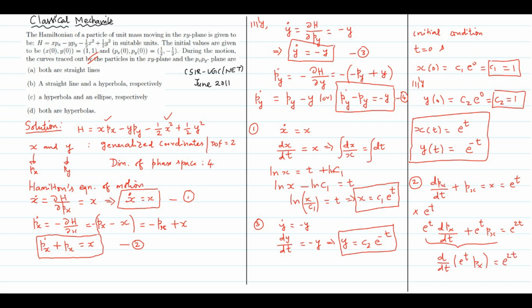Taking the dt to the right side, e power 2t into dt, this is a differential. When I integrate, I will get e power t p x equal to e power 2t by 2 plus constant c3. So this is what you will get.